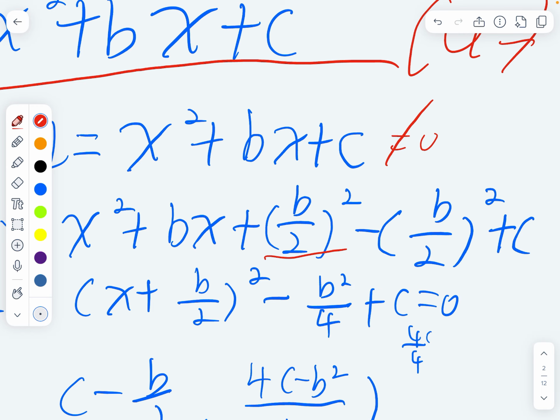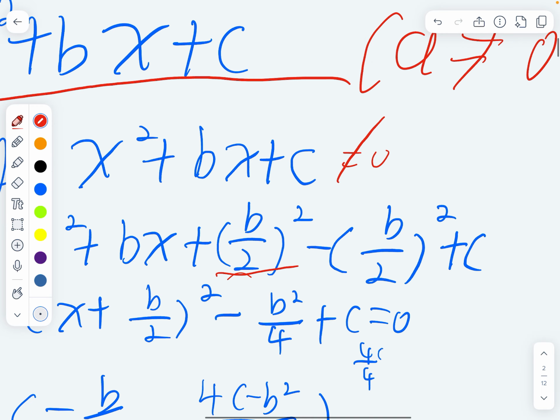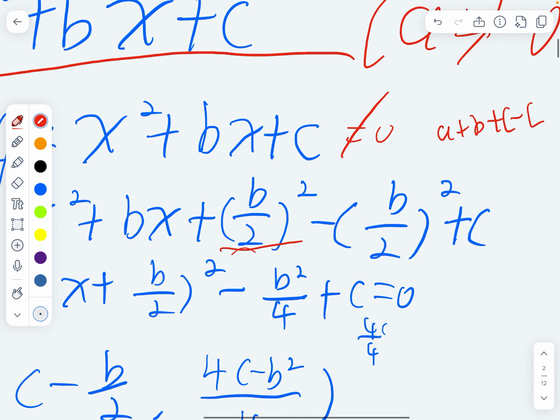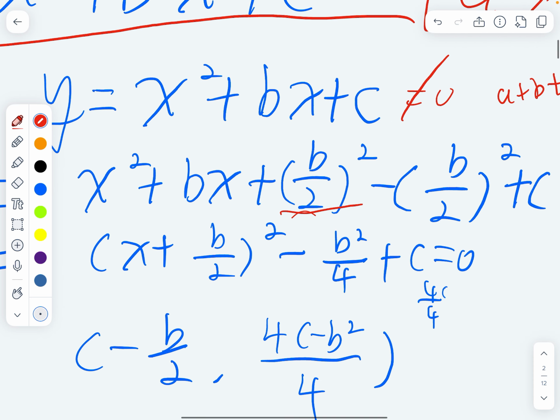So when we add something, we need to subtract something. For a plus b, if we add c, we also need to subtract c, so that they stay equal. Now we can write this as x plus b over 2, squared, plus c minus b squared over 4.